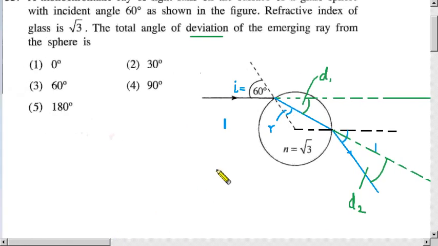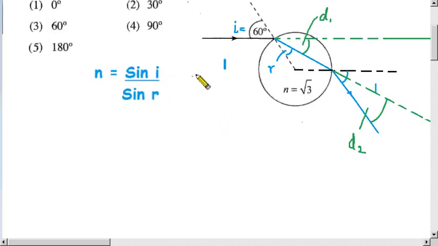But first of all we have to find out this refracted angle, simple r. So let us try to find out this refracted angle r. So we can write n1 sin I, otherwise we can write just n equals sin I divided by sin r. Then we have to substitute this value.